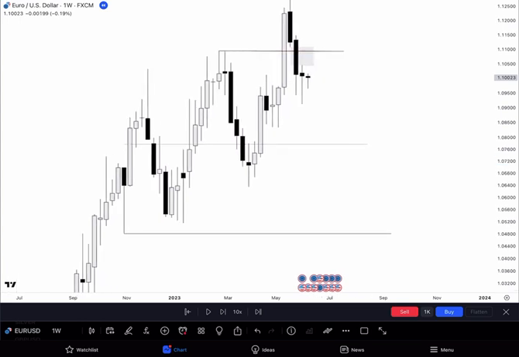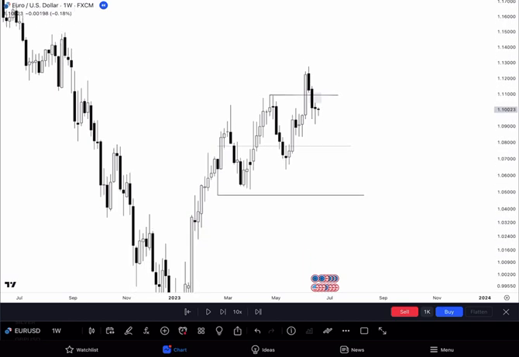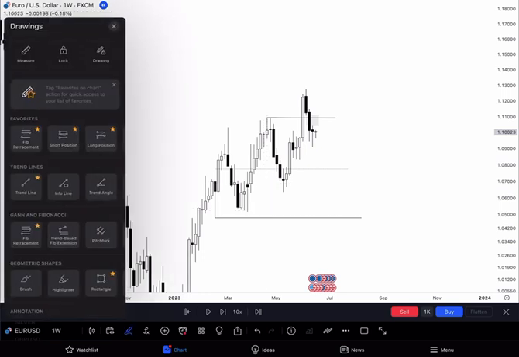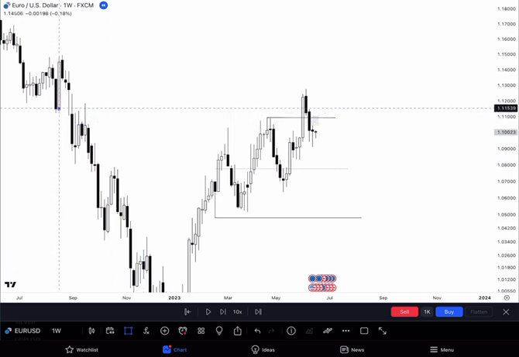Now, what's happened here is that Euro had bumped. It was rising and rising. And it bumped into an old breaker, which had proven as resistance before, right? Right here.